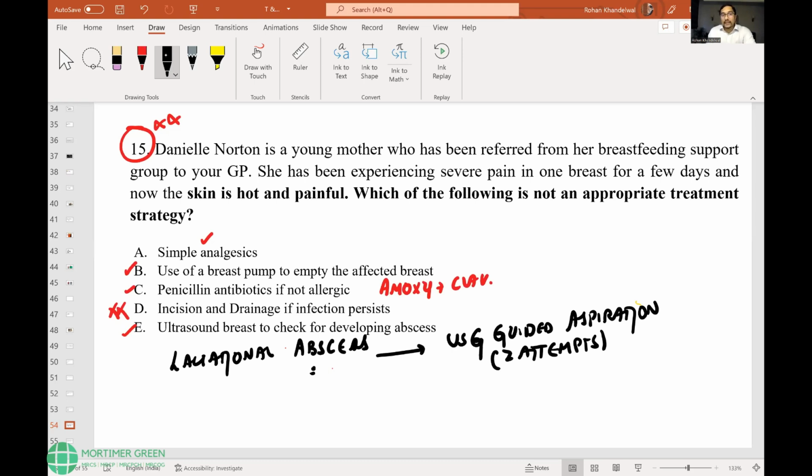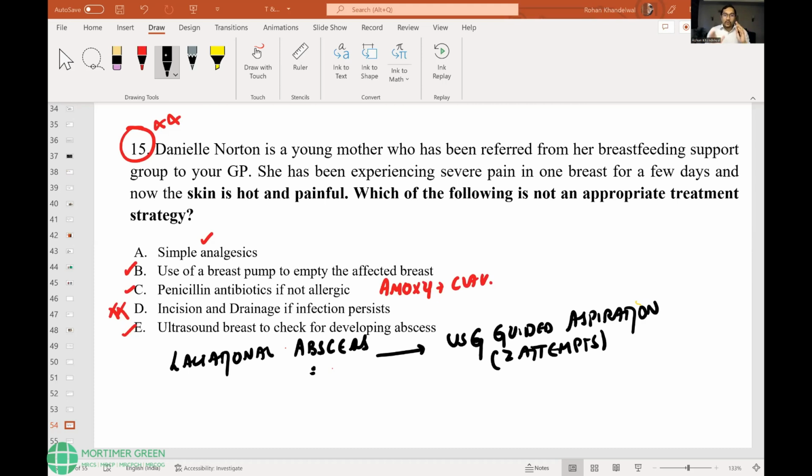So even after 2 attempts, if it does not settle down, that's when we carry out incision and drainage. Yes, Shagun, I understand that it is said if infection persists, but first we need to carry out aspiration. Only if they've mentioned that aspiration has been attempted and still the infection is persisting, then we will mark incision and drainage. Okay.